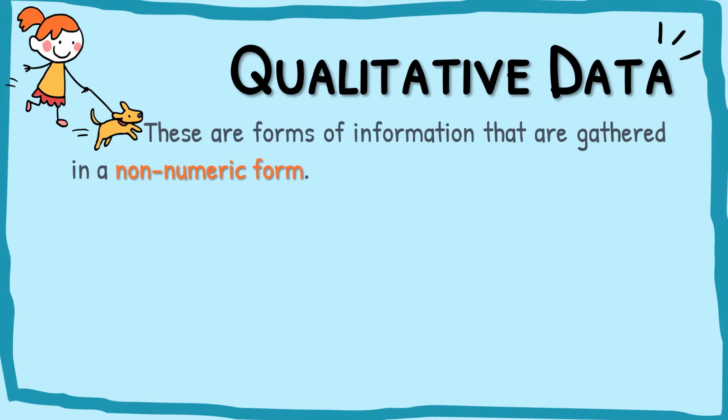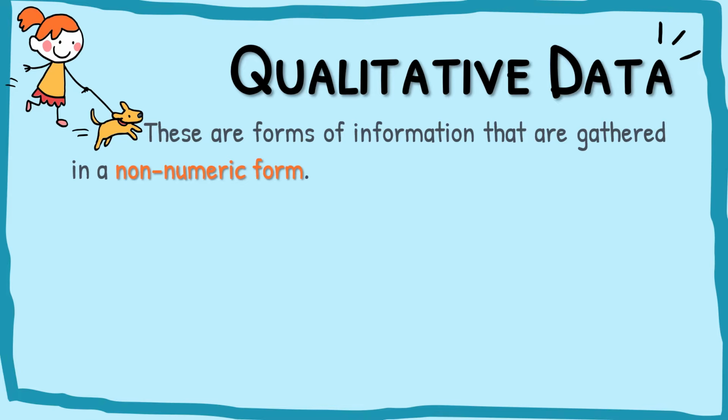Qualitative data are forms of information that are gathered in a non-numeric form. These describe qualities or characteristics which cannot be measured numerically. Qualitative research data collection methods are time-consuming, which makes qualitative research more expensive. The benefits of the qualitative approach are that the information is richer and has a deeper insight into the phenomenon under study.